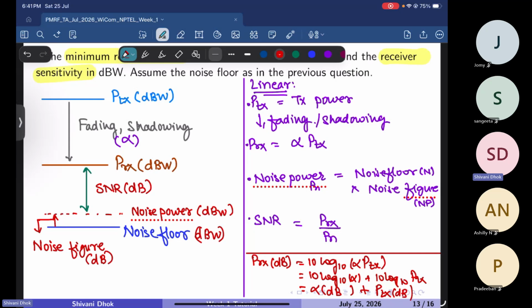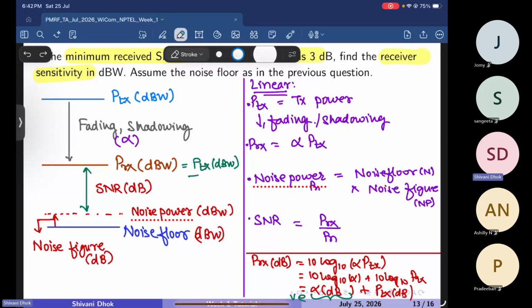So this alpha in linear scale is less than 1, so essentially this particular quantity is negative. So that's why you get a degradation. So this in dB is negative. So this PRX is basically PTX in dBW minus alpha in dB.